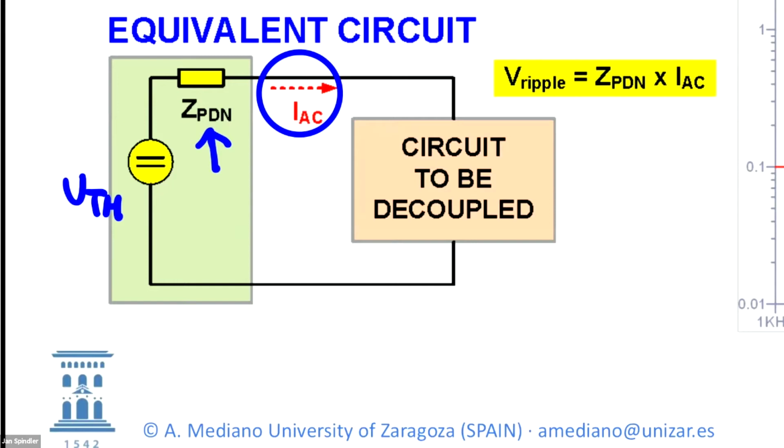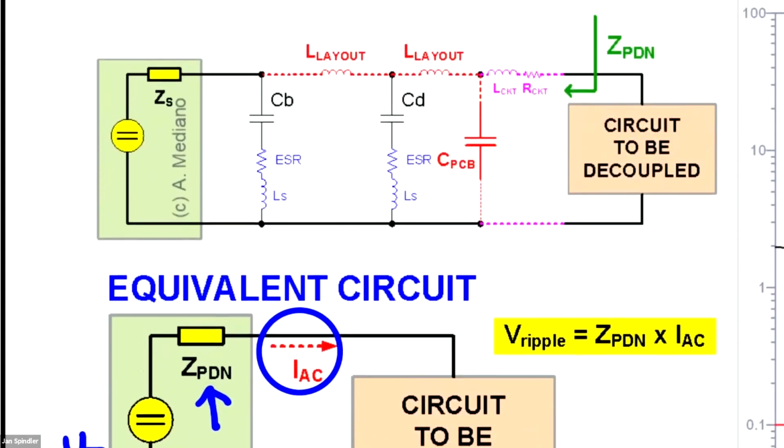This impedance is the result of this analysis. If you are the integrated circuit and you look in that direction, you see what? You see the impedance related with the layout, with the bond wires, with several capacitors, with the inductance of the capacitors, with the inductance of the layout, your traces.